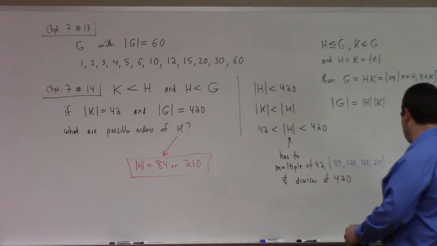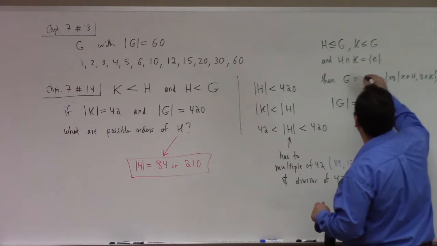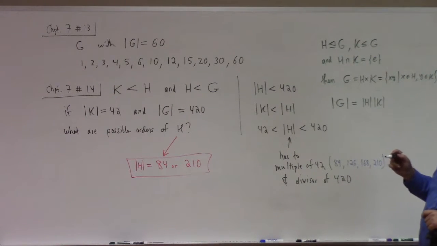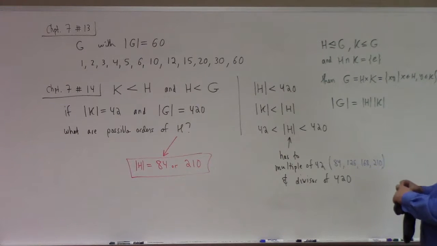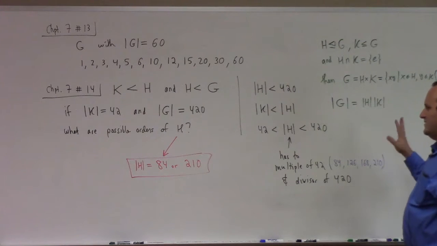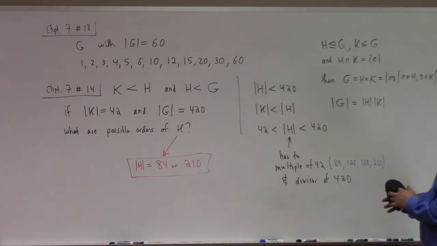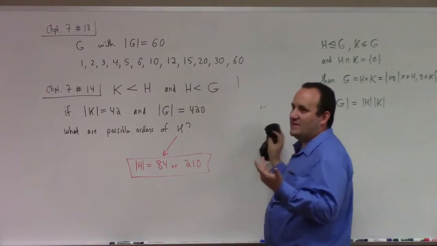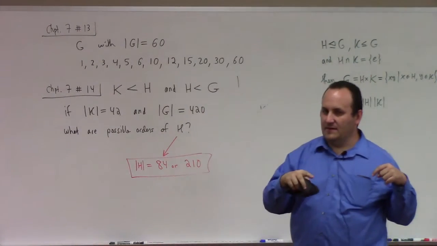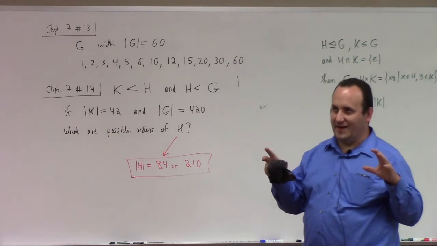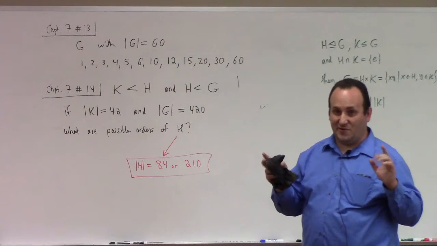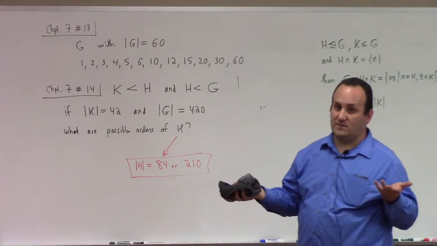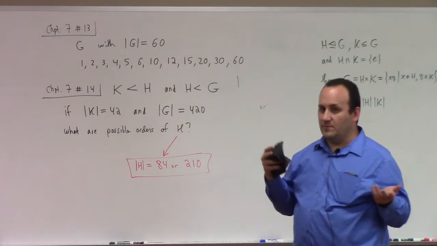Oh, didn't I say not HK, but H times K? It's HK. Was it HK? Oh man. I'm at a notational impasse at the moment, but it's not interesting, so let me stop. The point was, if the intersection of H and K was the identity, then I think that would mean that the product of H and K had order 12 times 18, which is impossible because the group only has order 36.